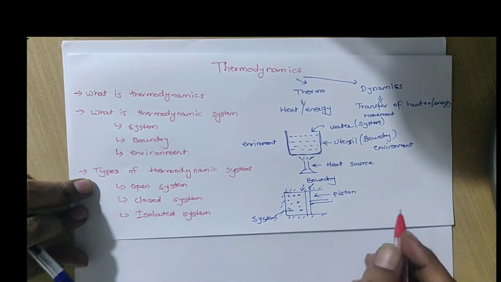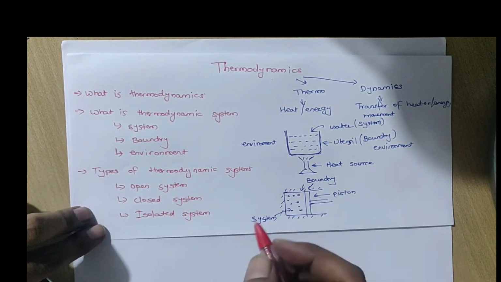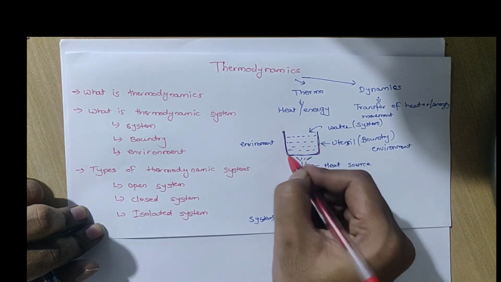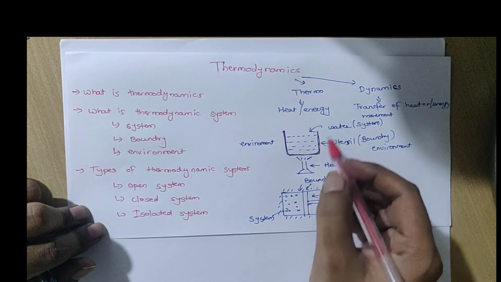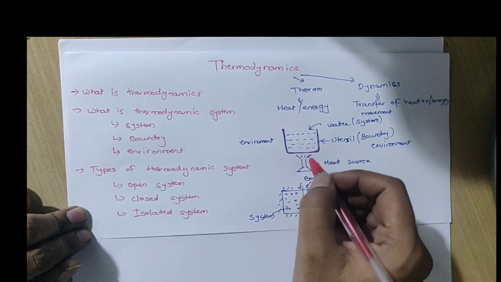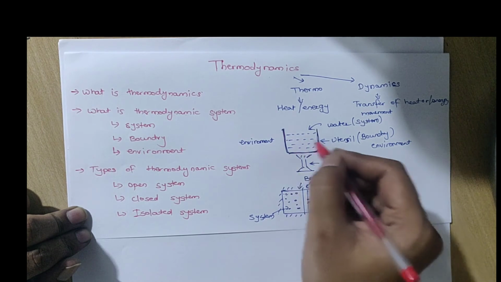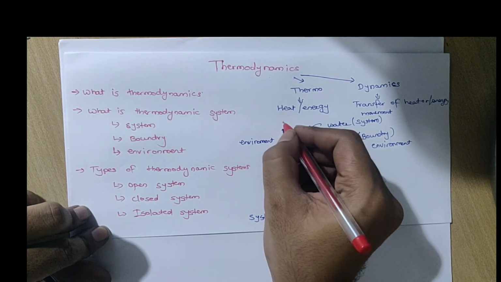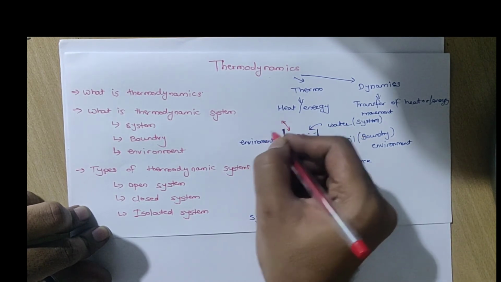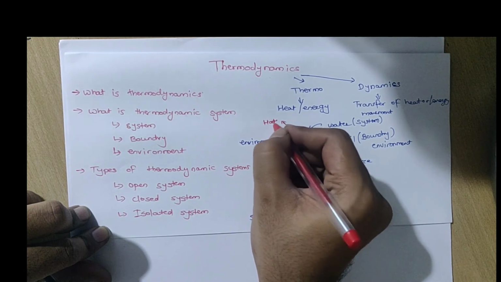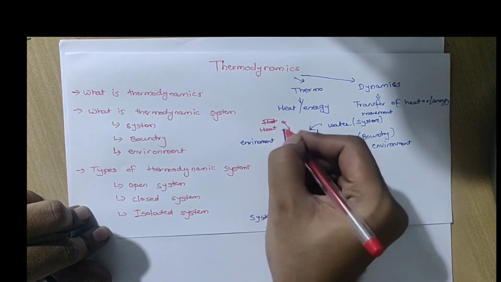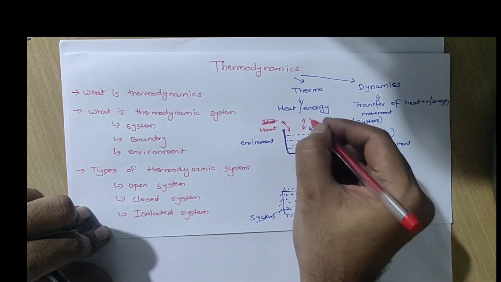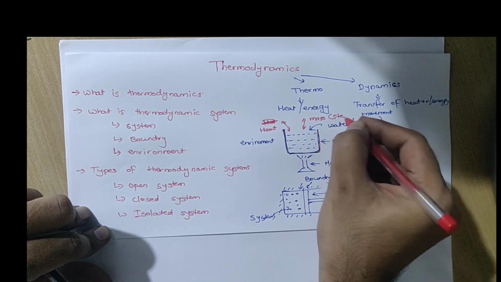Okay, so in open system we can continue with the same example. Here our utensil we haven't covered with any lid. So in that case, if we continue to provide the heat to this water, then after some time when water starts to boil, it will start to transfer the heat energy to the surrounding, and also the mass in the form of steam.